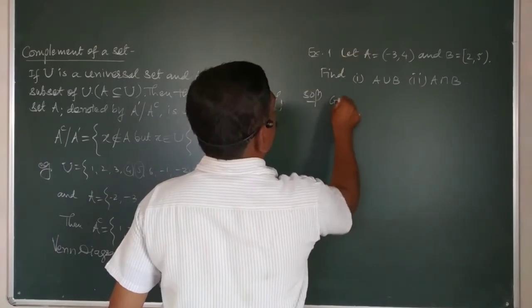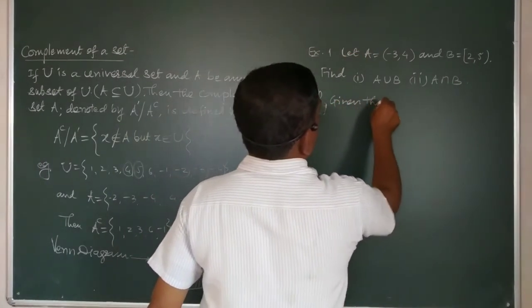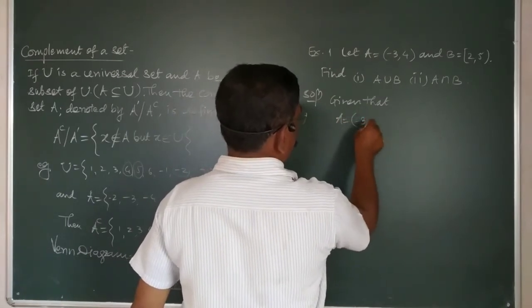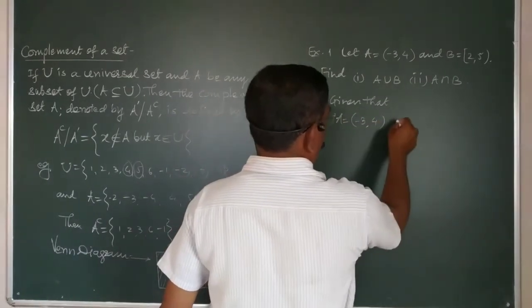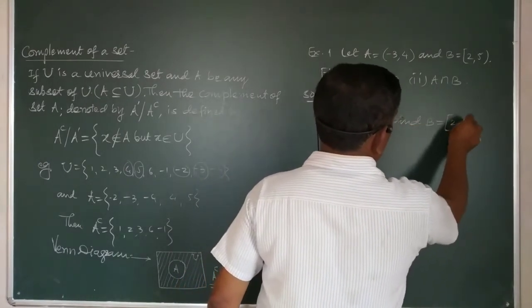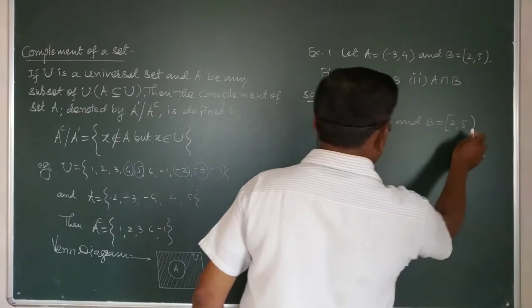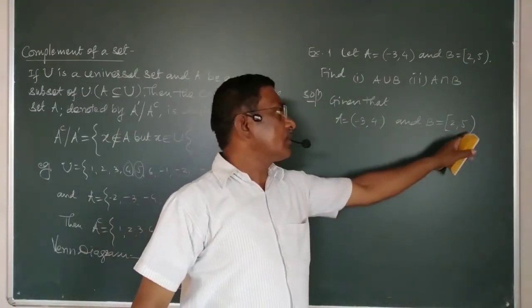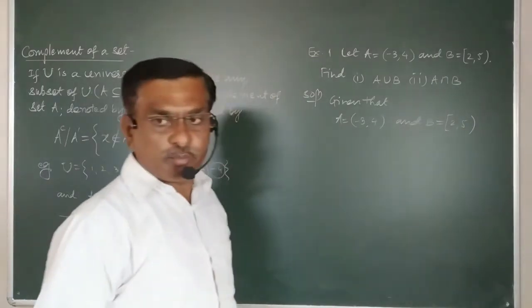What is given? A is the interval minus 3, 4, and B is 2, 5, a semi-closed interval. This is an open interval, and that is a semi-closed interval, or you may say a semi-open interval.